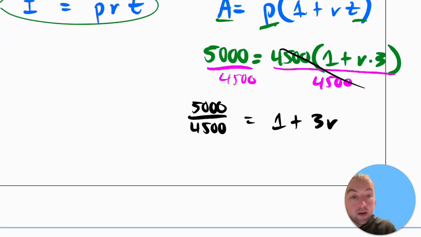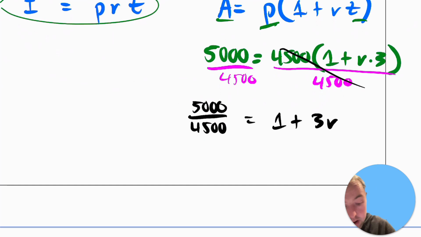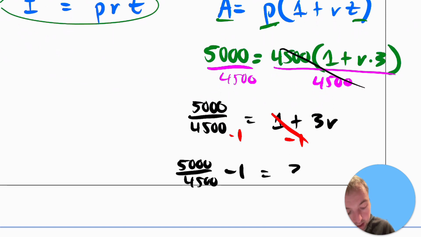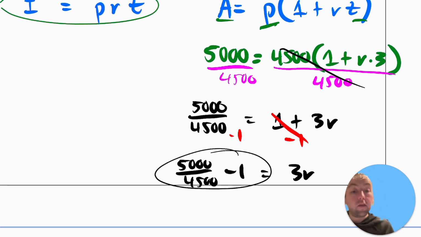Next I need to subtract the 1 from both sides, so we get 5,000 over 4,500, minus 1, equals 3 times r. You could put that in a calculator and divide it all by 3.